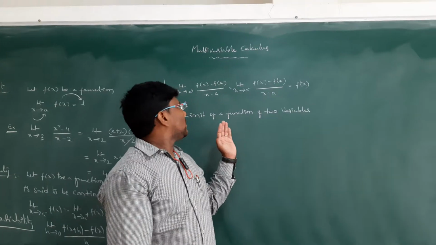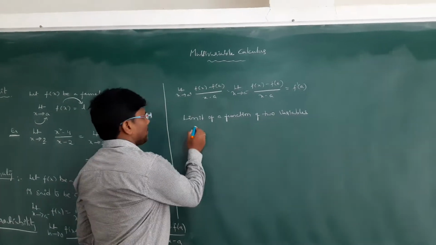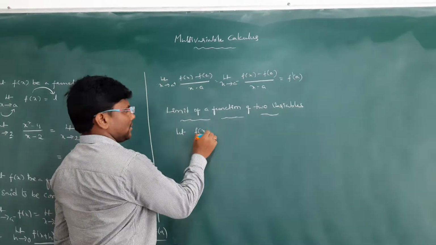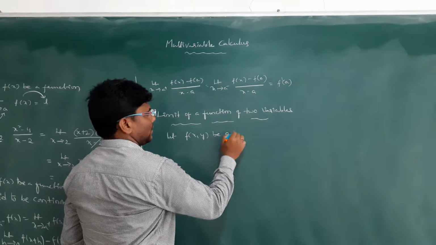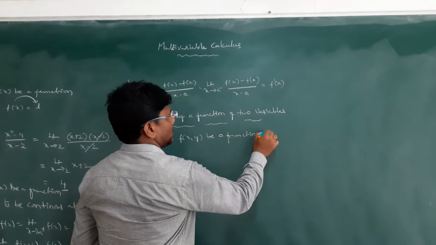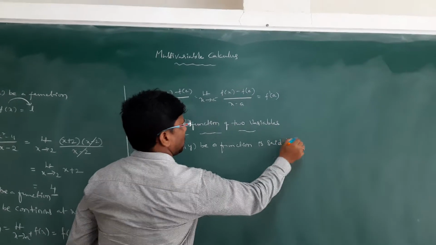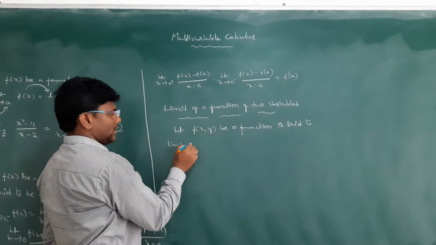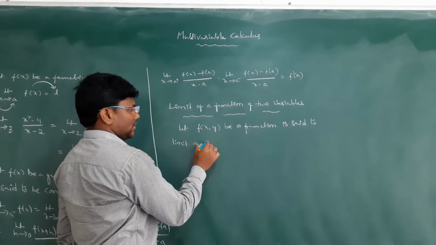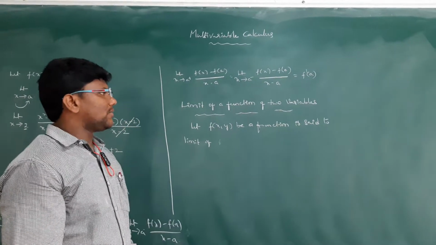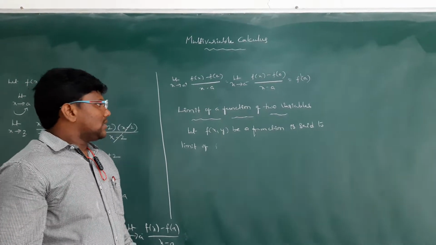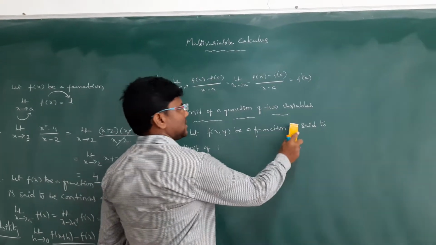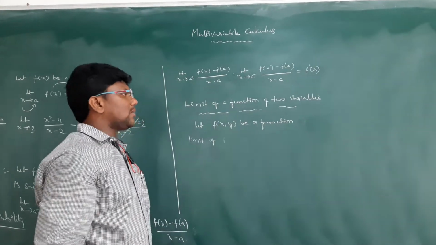Next, what is the limit of a function of two variables? Let f of x comma y be a function.